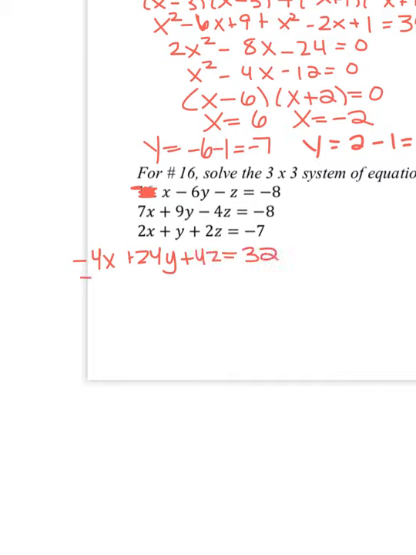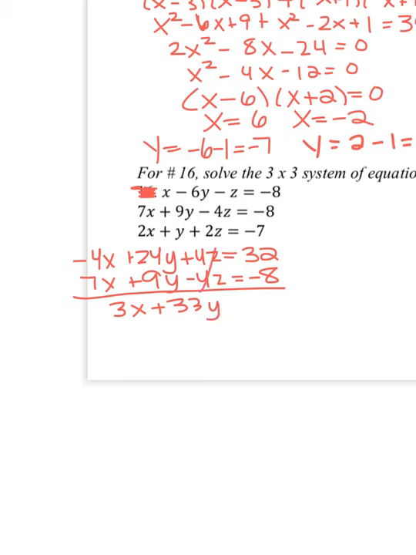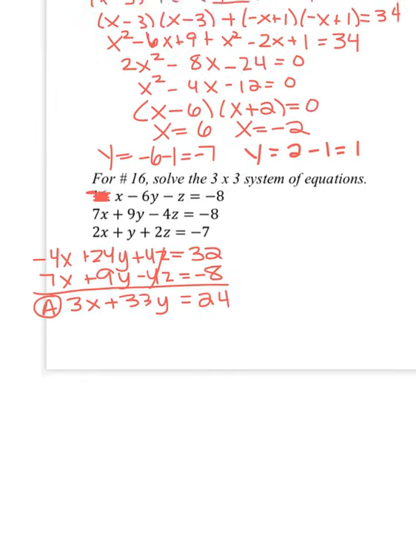The bottom one is 7x, this stays the same, 9y minus 4z equals negative 8. I add down. This gives me 3x plus 33y, my z's cancel like they're supposed to, equals 24. That is equation A.